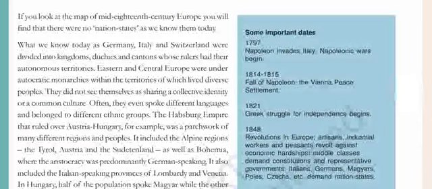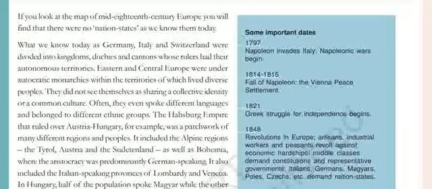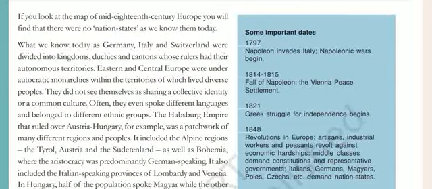The making of nationalism in Europe. If we look at the map of the mid 18th century, you will find that there were no nation states as we know them today. What we know today as Germany, Italy, and Switzerland were divided into kingdoms, duchies, and cantons, whose rulers had their autonomous territories.